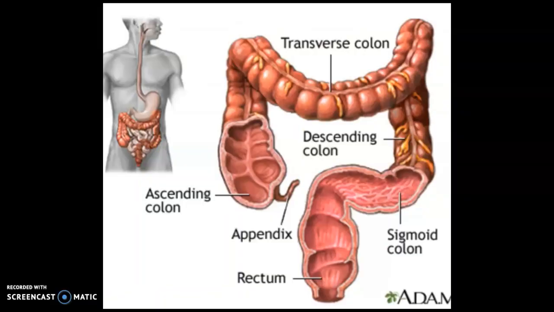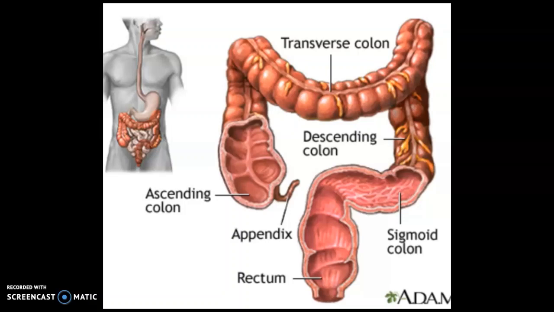The final stage of human digestion happens in the large intestine. The purpose of the large intestine is to absorb water and salts from the material that has not been digested as food.